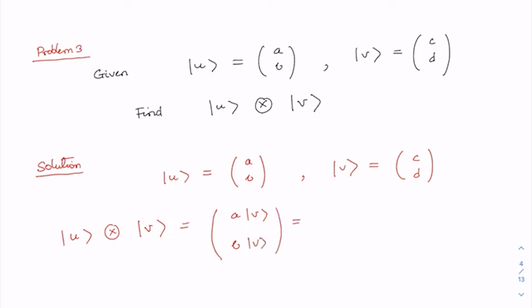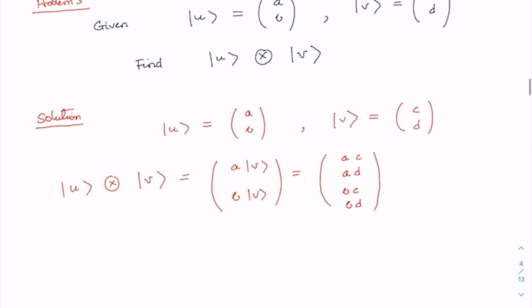So now if I write the ket vector v as well here, then I will have AC, AD, BC, BD. So this is the tensor product.